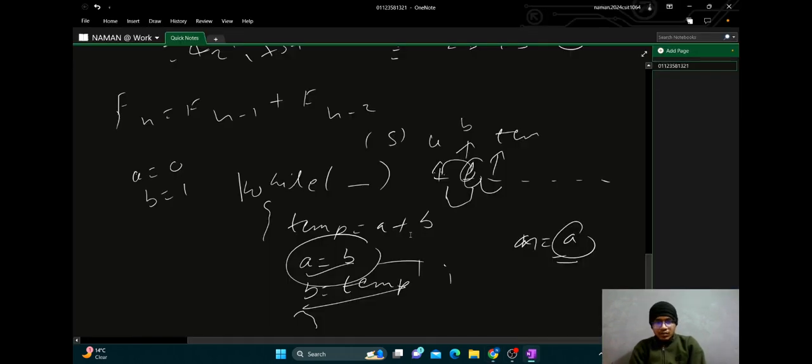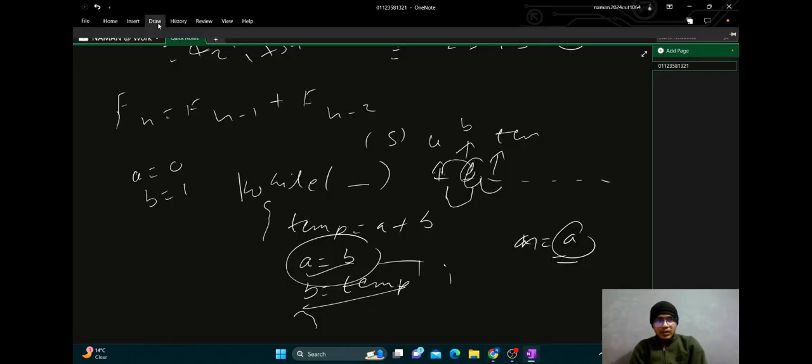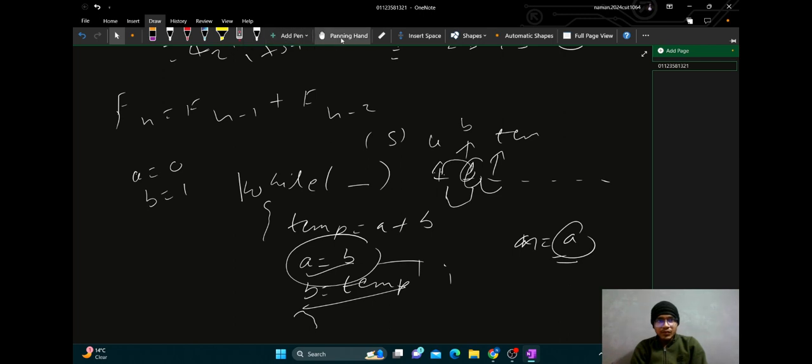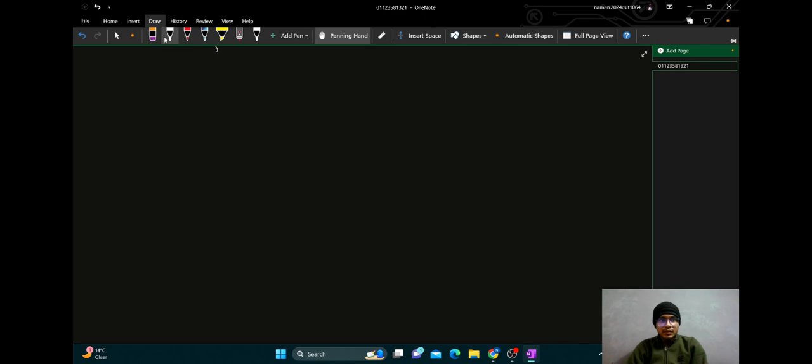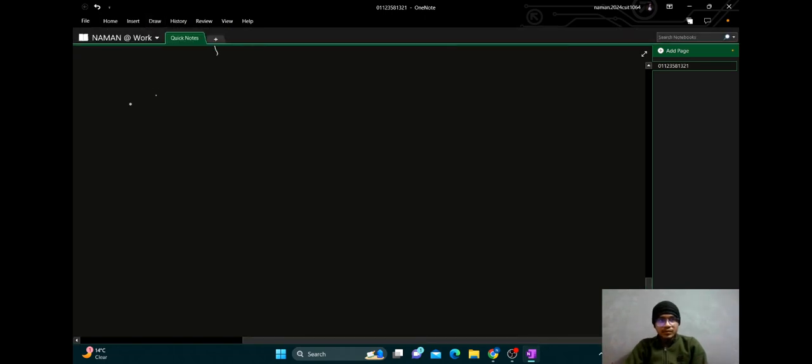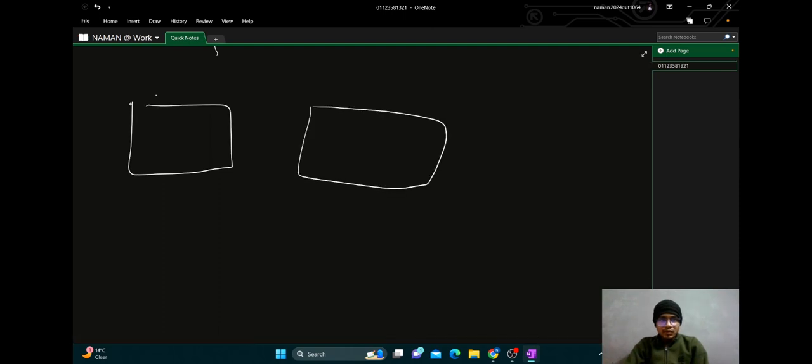In this you also need to know matrix multiplication. We will use matrix multiplication here. Let's say we have two matrices, this and this. Its first row is multiplied by its first column, and that will be the answer for the first cell.